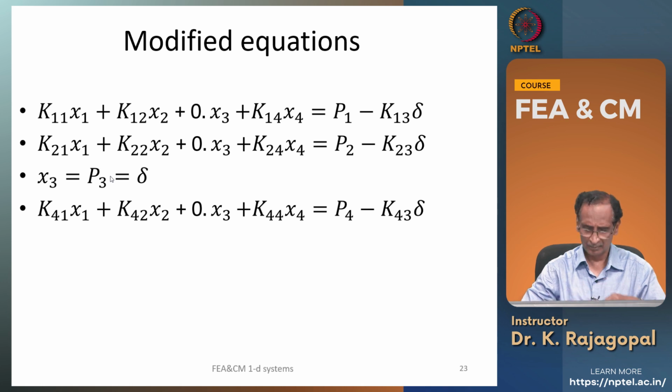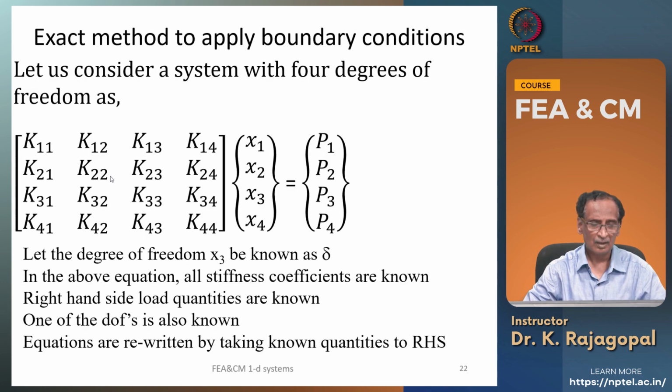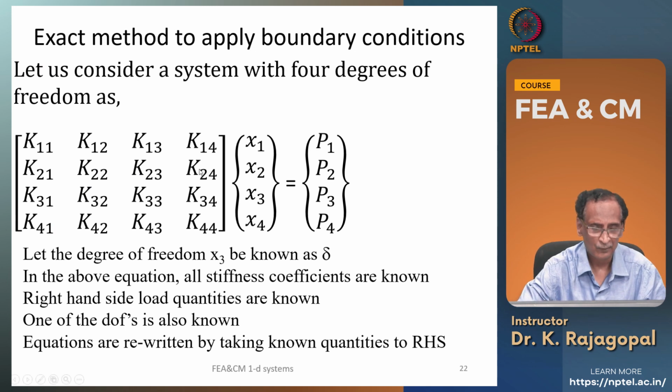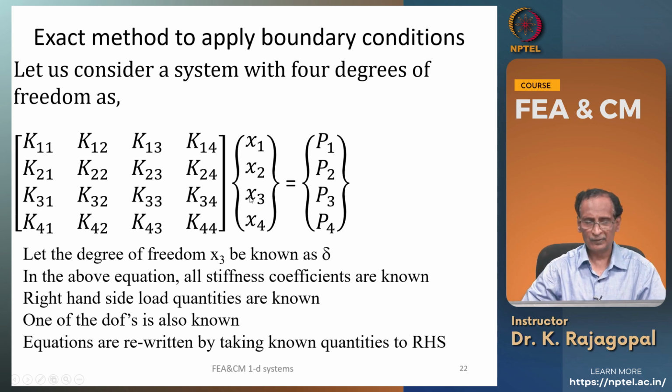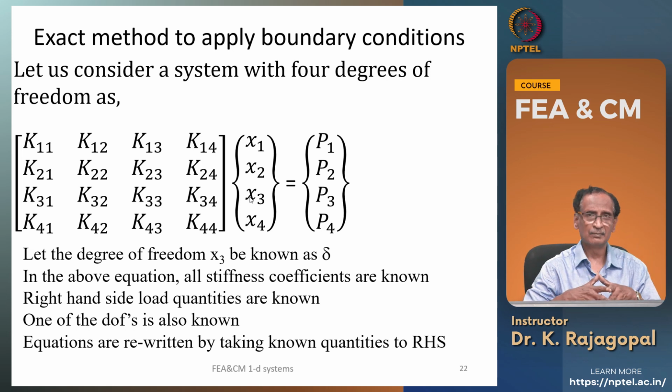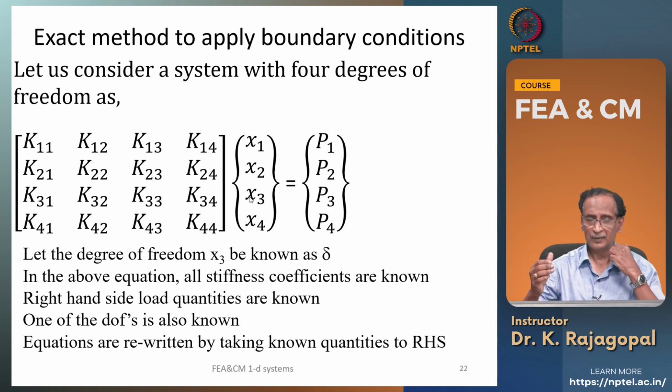The reason is very simple, because we started with 4 unknowns and 4 degrees of freedom, and one of the degrees of freedom, x3, is known, and it is very difficult to program to eliminate 1 degree of freedom suddenly. We started with 4 degrees of freedom, and it is easier to continue with the same number of degrees of freedom.